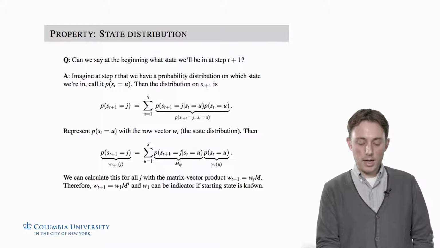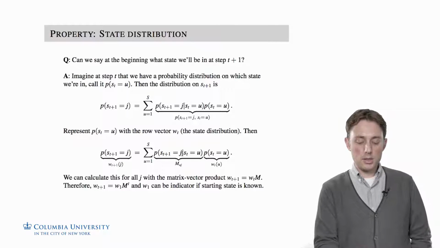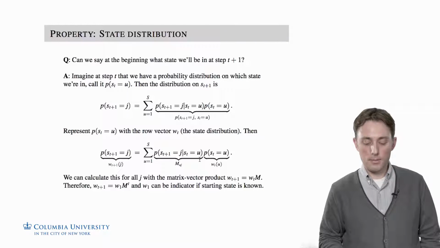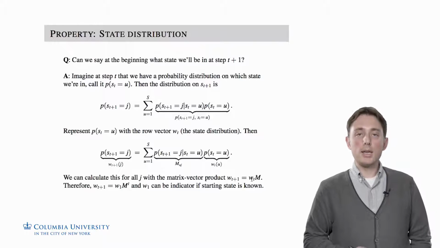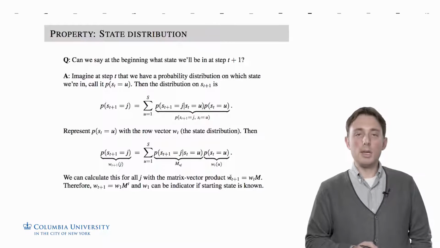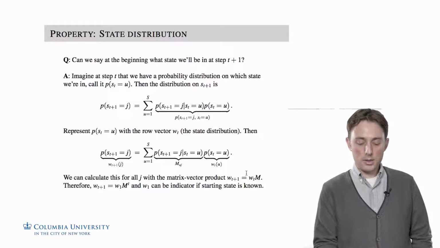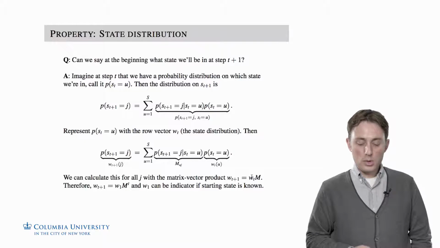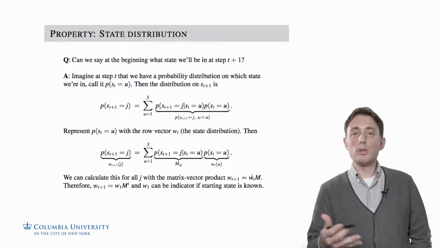It's taking this vector times this matrix. It's just two different notations to represent the same thing. So we take the row vector w_t, multiply it by M, and we get the distribution at t+1. And so we have this iterative way. For example, we know that w_t can be written as w_{t-1} times M.